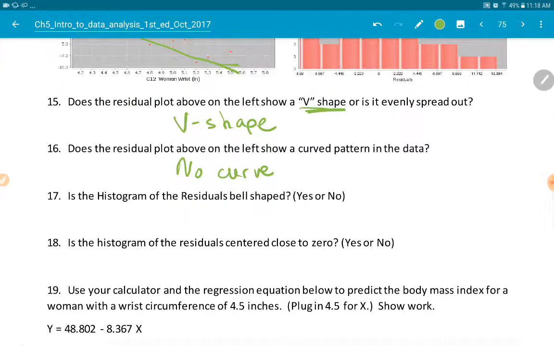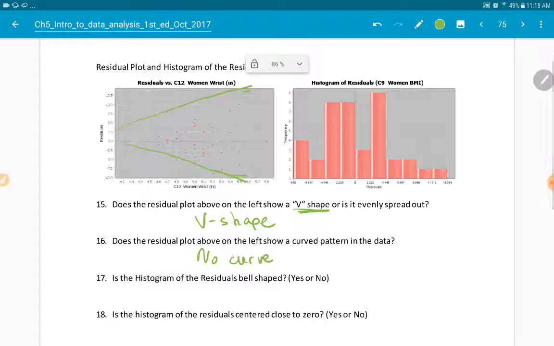Is the histogram of the residuals bell-shaped? Again, we want our histogram of residuals to be bell-shaped and completely scattered. But when I look at this, it's not really bell. And here's our zero line right here, and it's not really centered there.